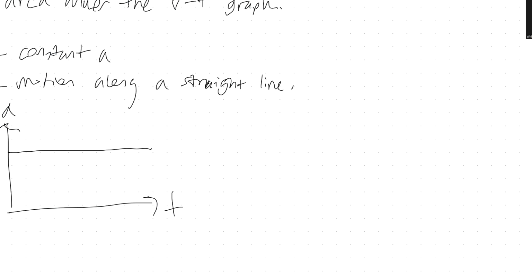So again, let's emphasize the assumptions. We have a constant acceleration as well as motion along a straight line. So again, let's just draw the acceleration time graph again, right? And now we know that the change in velocity will be the area under this acceleration time graph.